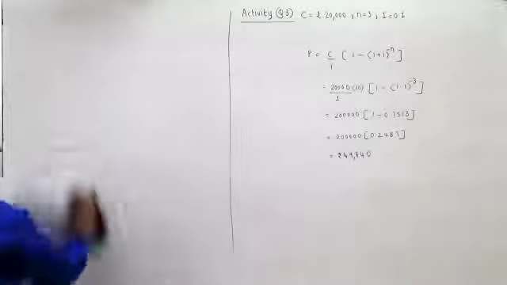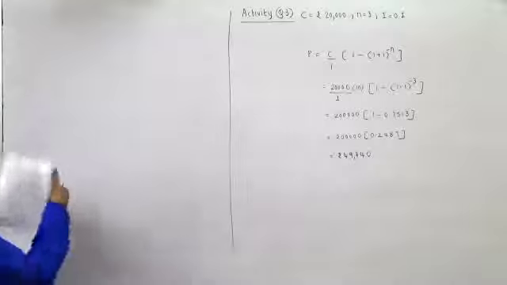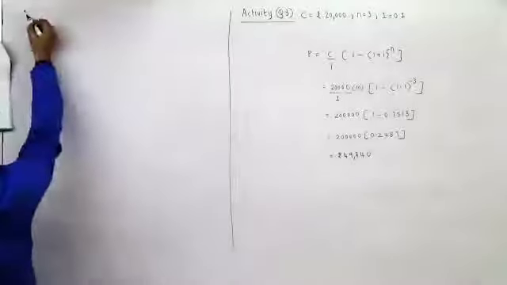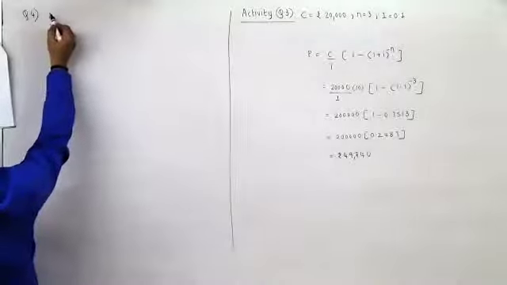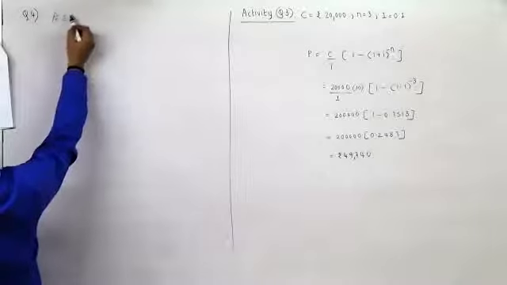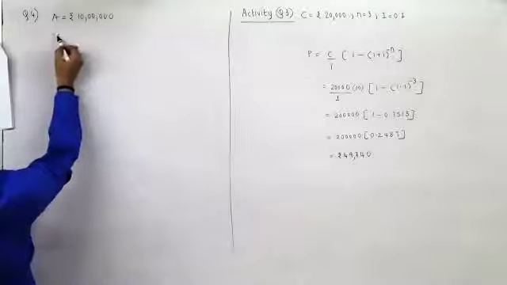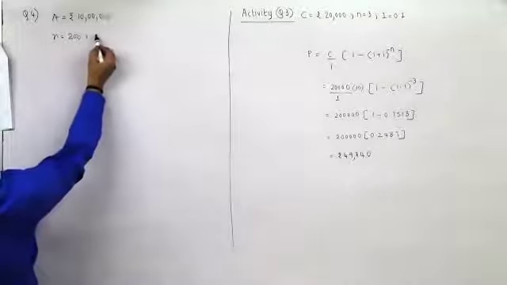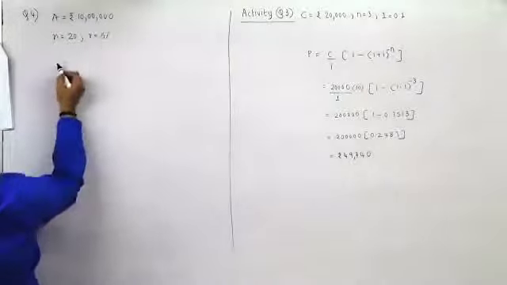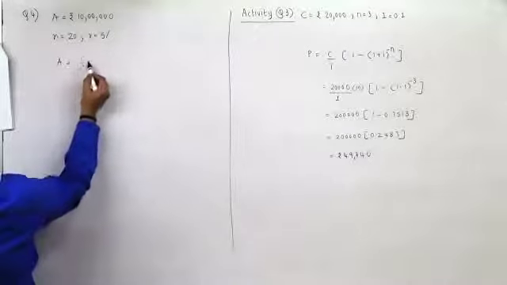Fourth one. A is rupees 10 lakh and N is 20 years. R is 5%. They have given the formula also.